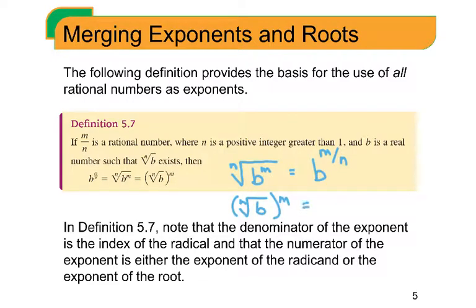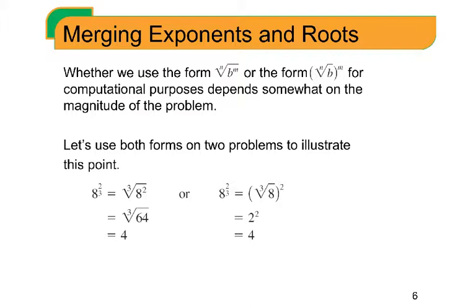Why is that? Because that would be b to the 1 over n to the m power, which, when we get rid of the parentheses, is b to the m over n. And it really is important for you to understand this relationship. It will make your life so much easier.